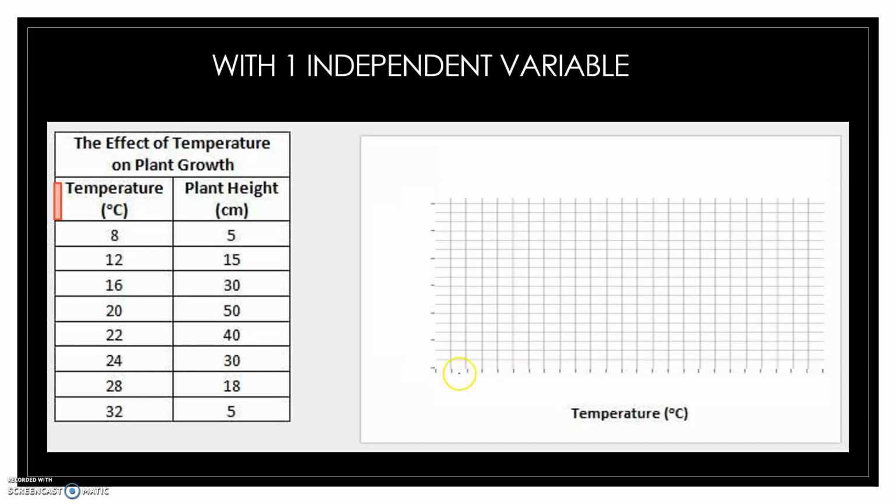If you do choose an increment of 2, you have to go by 2, 4, 6, 8, and so on. If you do an increment of, let's say, 3, then it has to be 3, 6, 9, and so on. So all of these increments have to be very consistent.